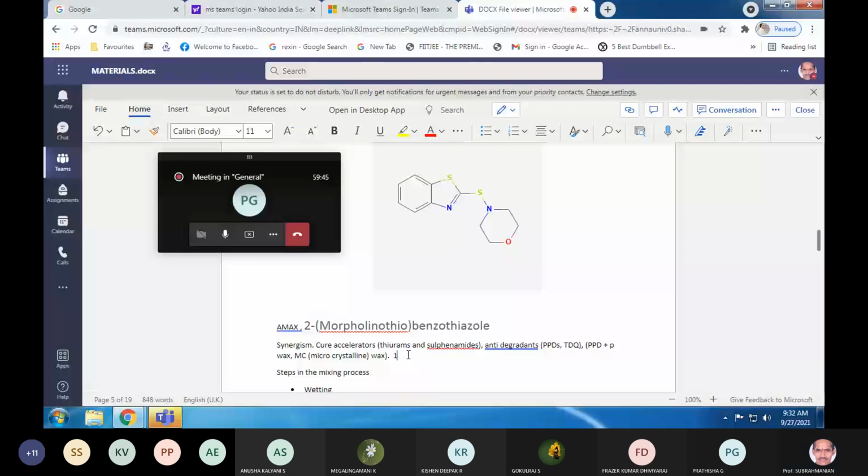And this more than 2 is beneficial to the rubber compound in processing and on cross-linking. Synergism. You understand? So this synergism is between TDQ and 6-PPD.